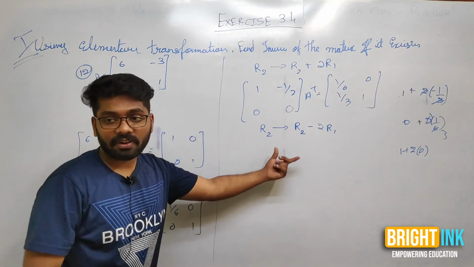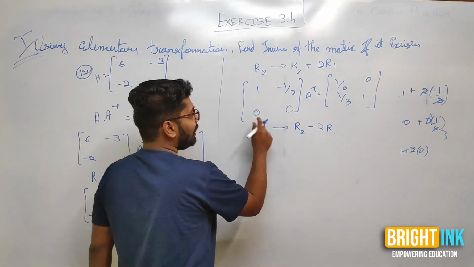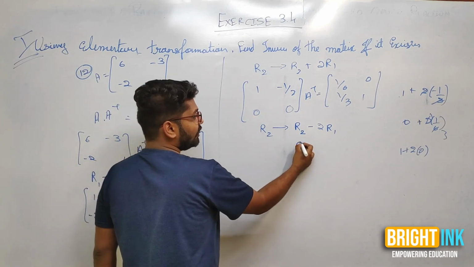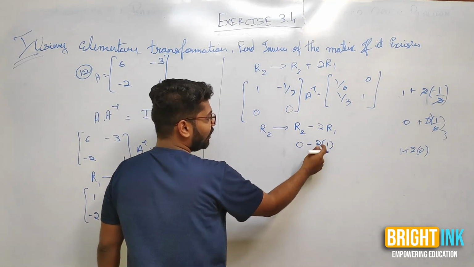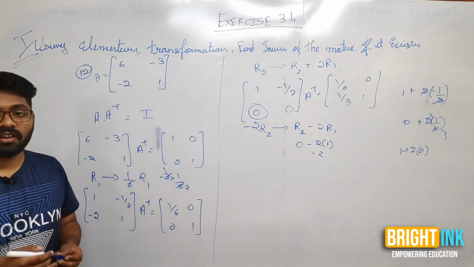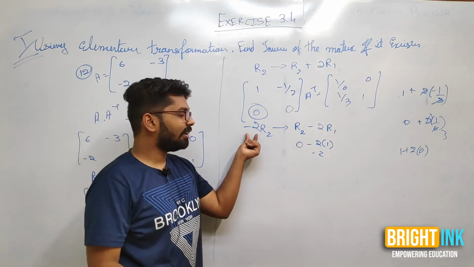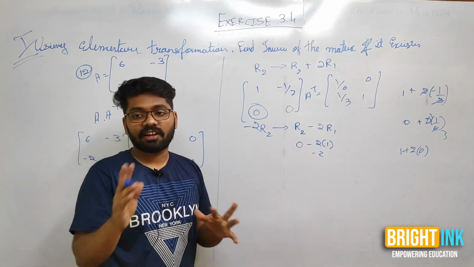But using this formula, what will happen? Let's check this position: 0 minus 2 into what is R1? It is 1, so minus 2 would come. This position is changed to minus 2. If the previous number is changing while doing the next step, your idea flops.